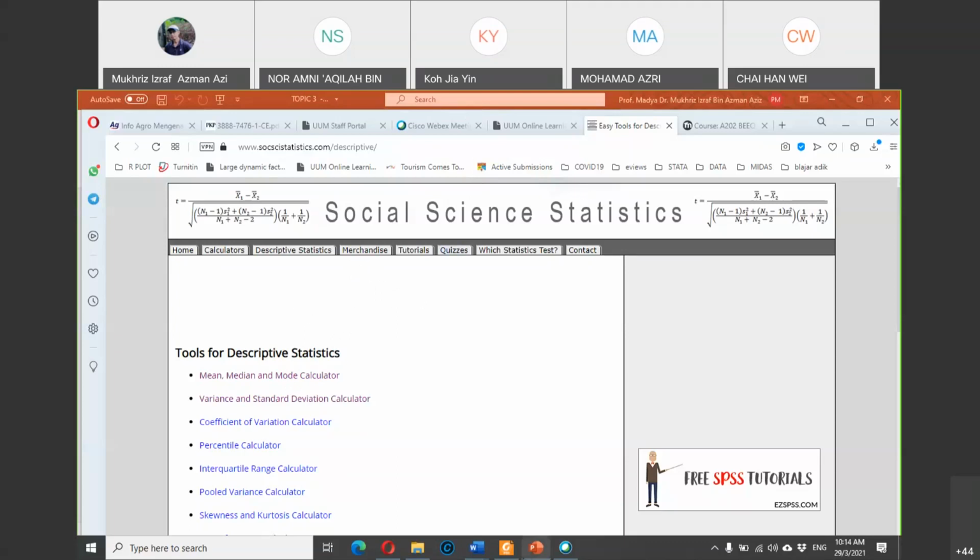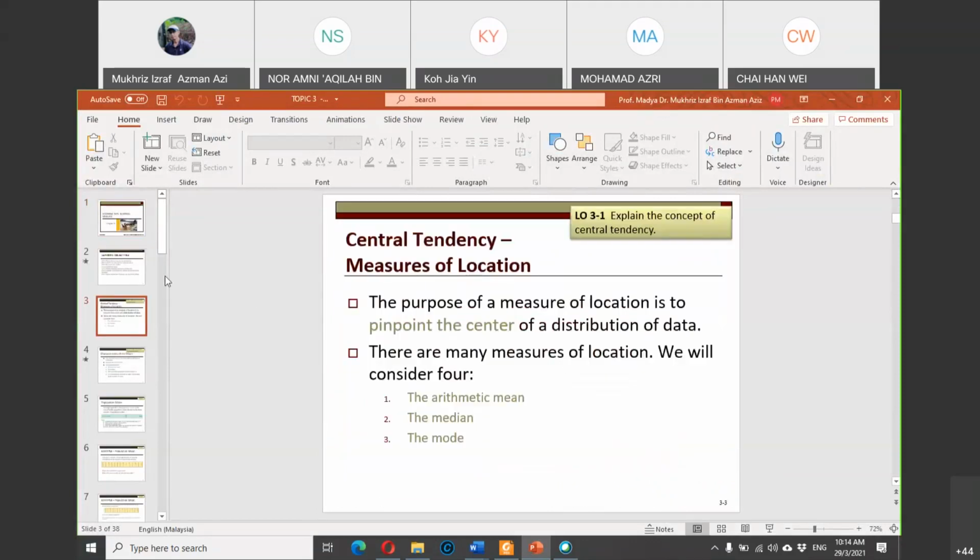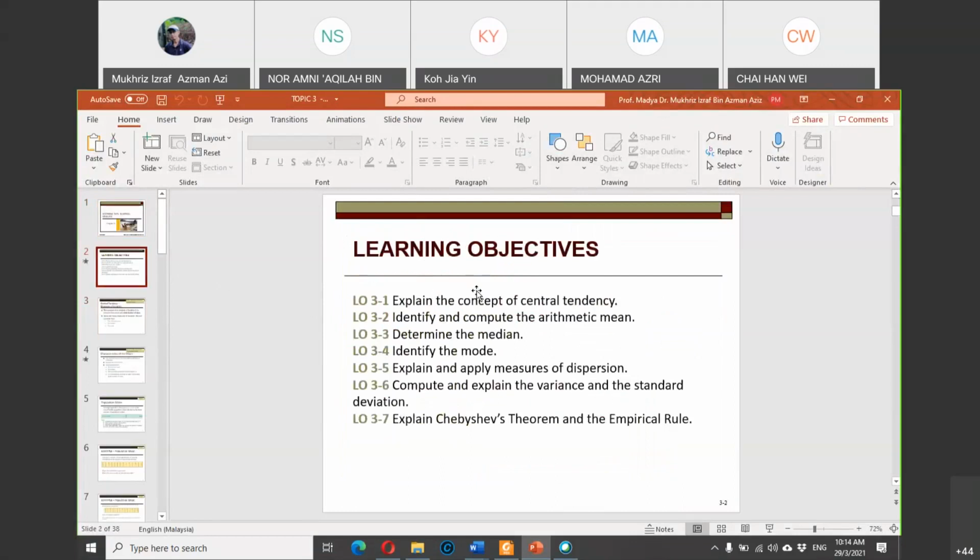So we go back to the slides. In chapter 3, if you look at the list of things that we need to learn throughout the chapter: explain the concept of central tendency, then identify and compute the mean, determine the median, identify the mode, explain and apply measures of dispersion, and number 6, compute and explain variance and standard deviation.